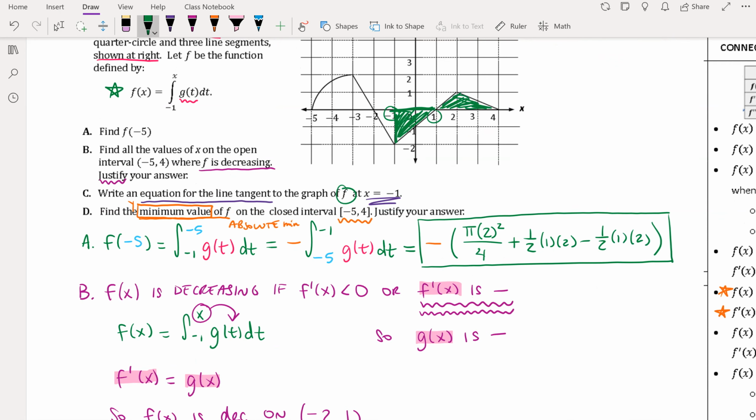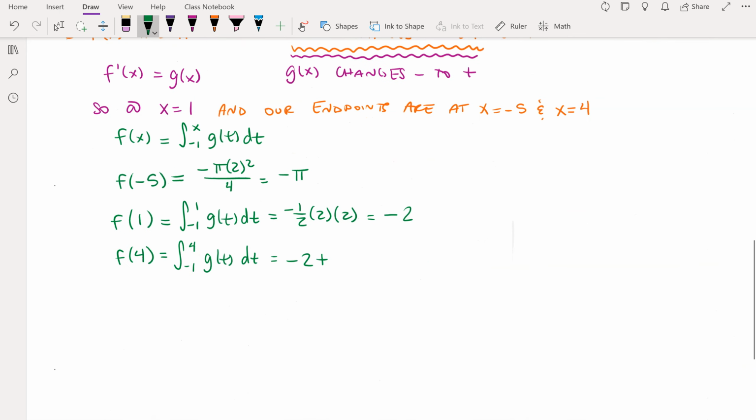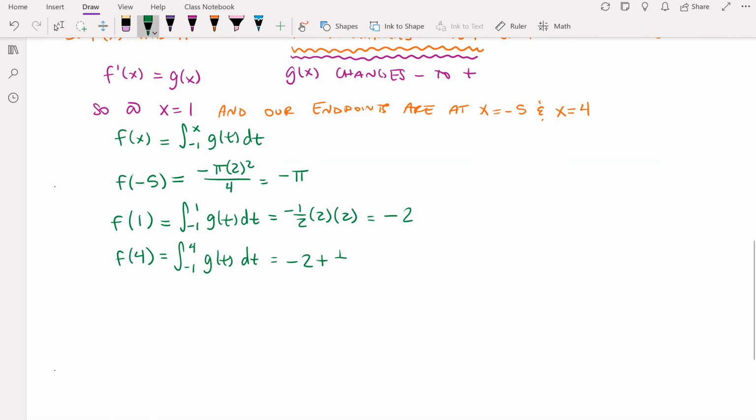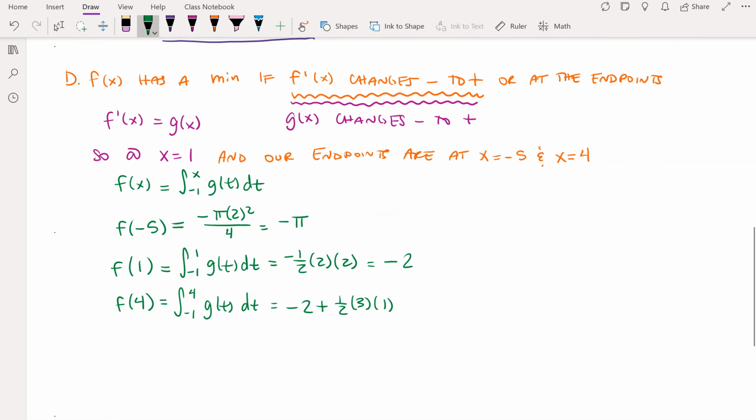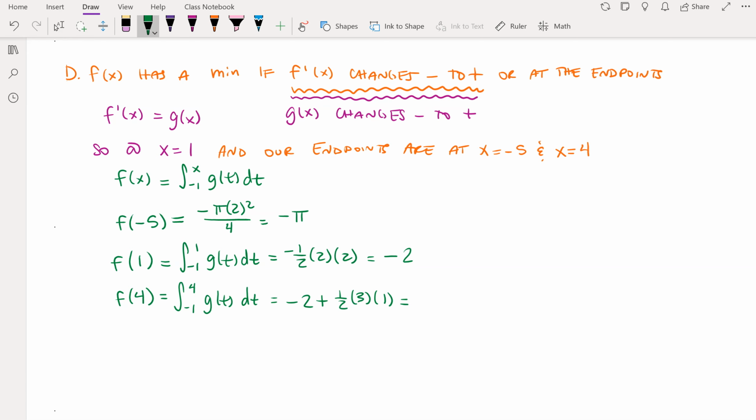That would be 1/2 base of 3 times height of 1. Cool. Let's simplify. So it equals -2 plus 3 over 2. If we want to add the fractions, we need a common denominator. So that's -4 over 2 plus 3 over 2, which equals -1 over 2.